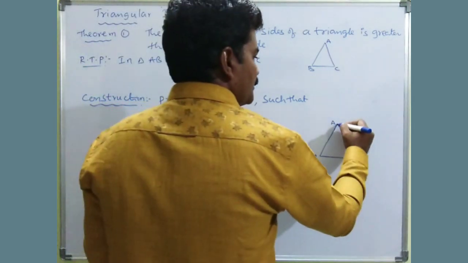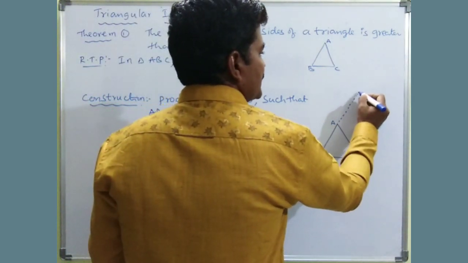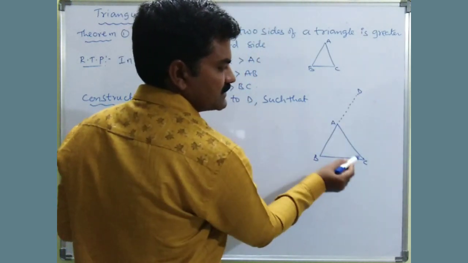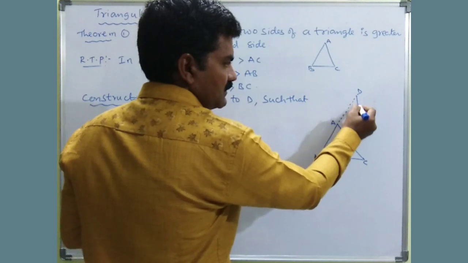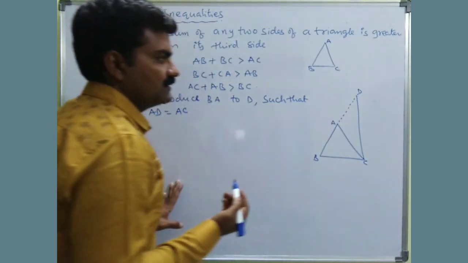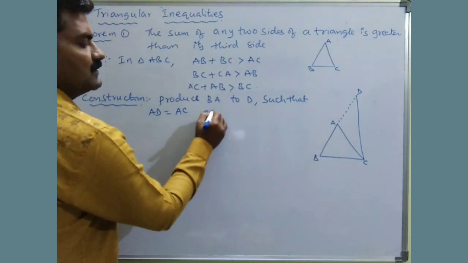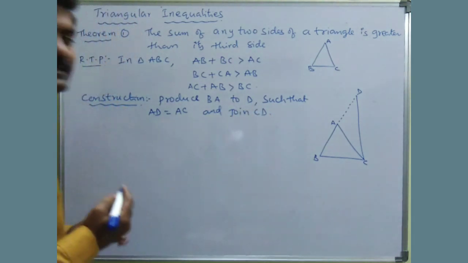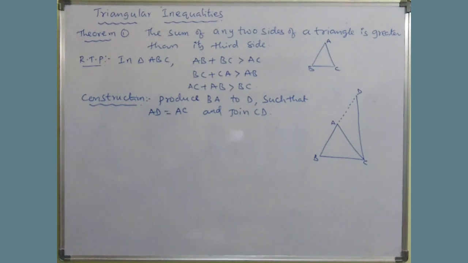In this way, produce this to some point D in such a way that AD is equal to AC, and also please join CD. Okay.